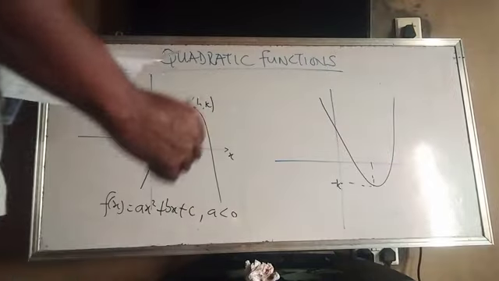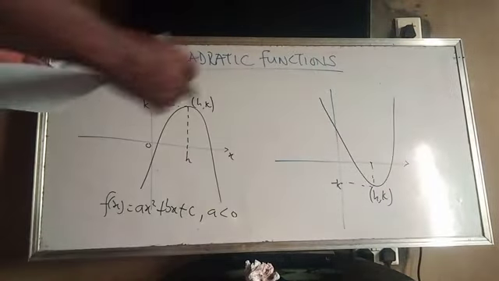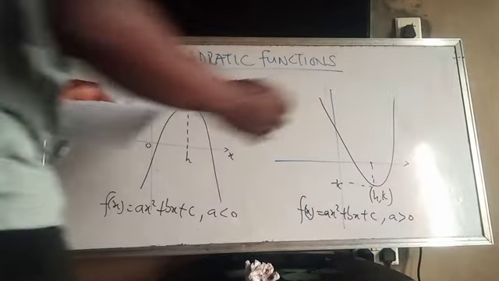This will be h, this will be k, so invariably minus k. So h, k, the h is on the x-axis here, and this is the y-axis. So f of x here, that is the function, is ax squared plus bx plus c, but our a will be positive.